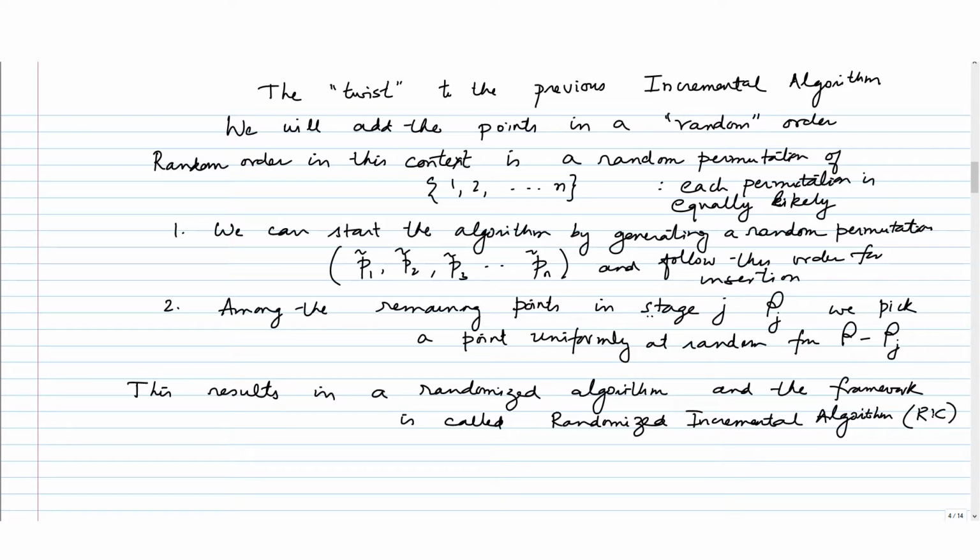Have you been introduced to this term RIC before? Yes. Okay. I'm just getting down to more basics. This is how we define the framework of randomized incremental construction. It's a very simple framework where you add the objects one after the other and inductively maintain some property, in this case the closest pair distance, and you update it. The way of adding the next object is a randomized strategy.